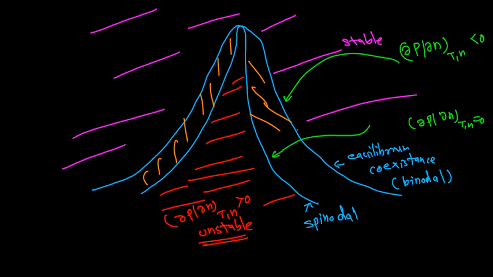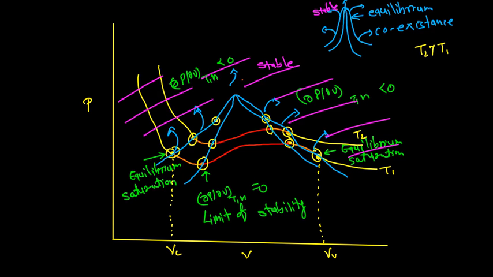The region between the binodal curve and the spinodal curve is where the system is metastable. The system is stable elsewhere, and in this region the system is unstable.